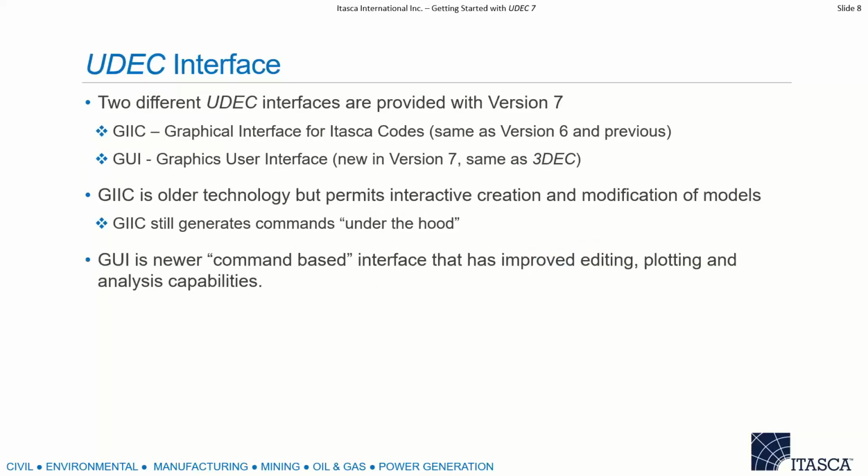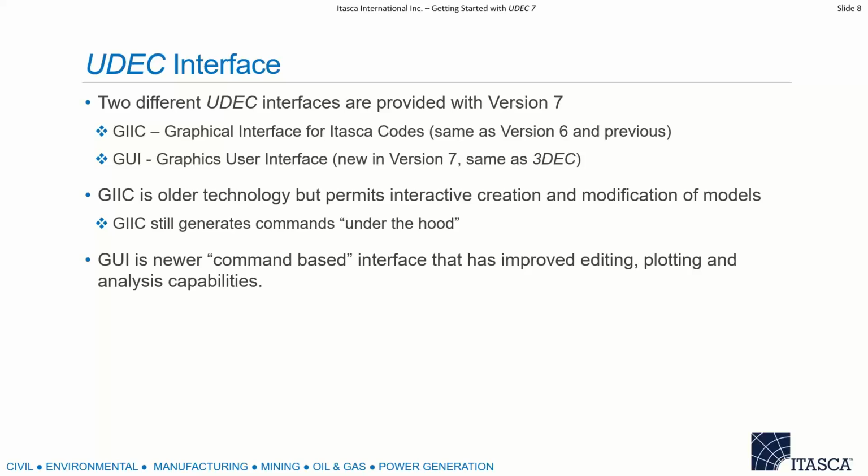Okay, so actually using the program, there are two different interfaces provided with UDEC version 7. There's the older interface, which we call GEEC, Graphical Interface for ITASCA Codes. And then there's the newer interface, which we'll just call GUI, Graphical User Interface. The GEEC is older technology. It's been around for many versions of UDEC, and it allows for interactive model creation. So you use your mouse to click on things and build up models and assign properties and so on.